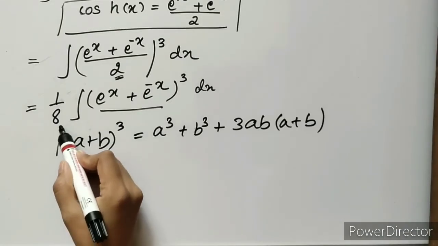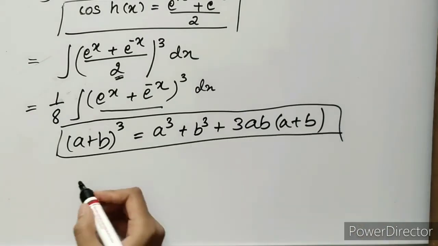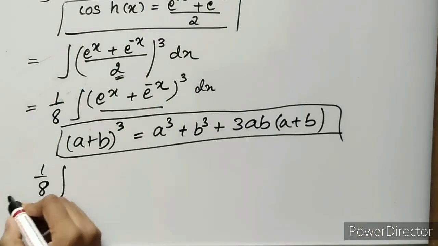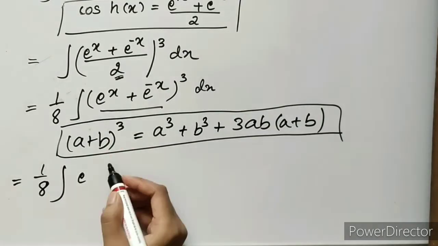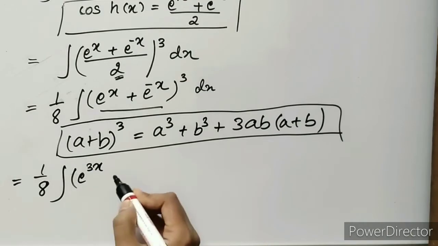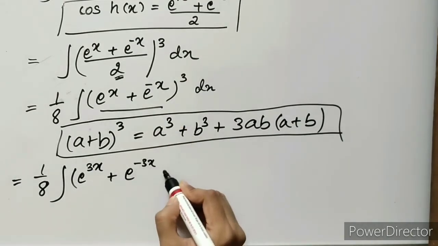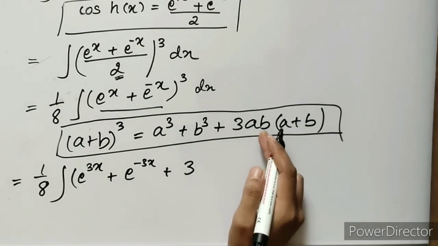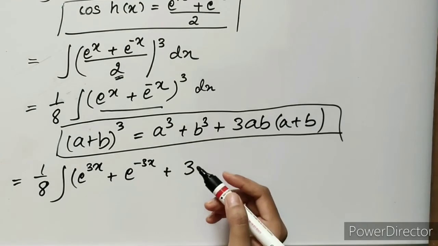So it will be (e to the power x) whole cube, so it will be e to the power 3x, plus (e to the power minus x) whole cube, it will be e to the power minus 3x, plus 3 a into b, so the powers will get added and it will be e to the power 0, that is 1.